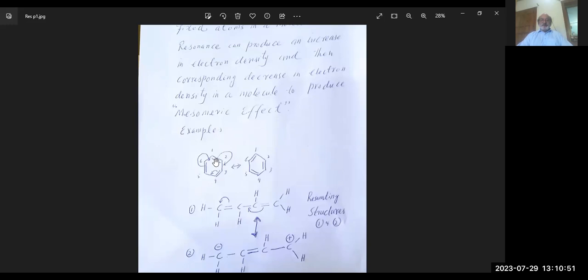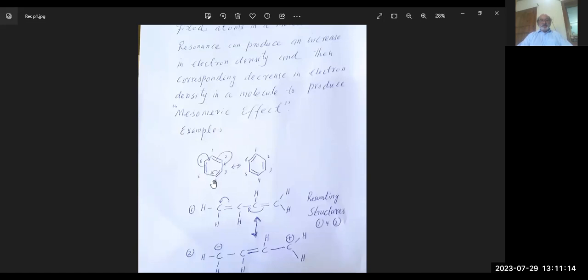Here, these are the pi bonds, the pair of electrons represented by a bond. Here, there is a shifting between atoms 2 and 3, and then from 3 to 4, the shifting to be between 4 and 5.